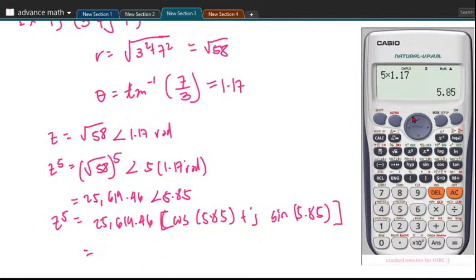Again, always remember that our calculator must be in radians. So we have 25,619.46 cosine 5.85.